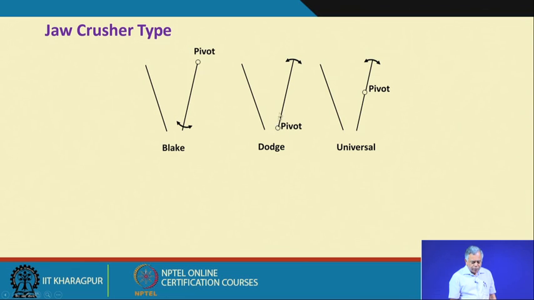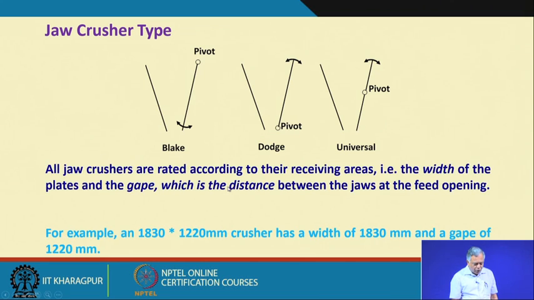So, it may choke my entire crusher, and it is very difficult to prevent this choking, and it will create some maintenance related issues. That is why the Blake type of jaw crushers are most popular in industrial applications.